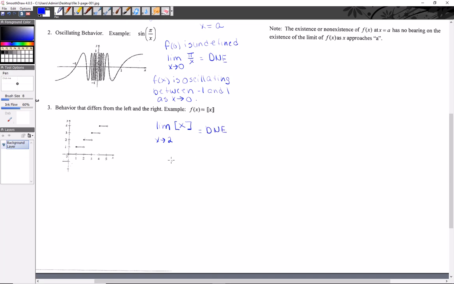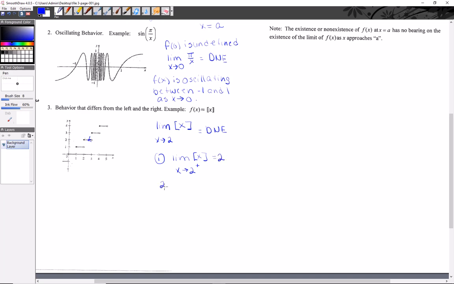And we can see that because we'll just examine, for the first case, the limit as x approaches 2 from the right. You're going this way, and you're approaching 2. So this would be 2.